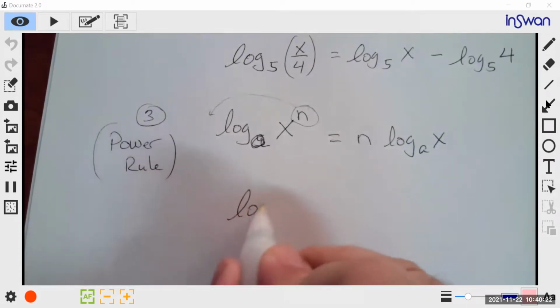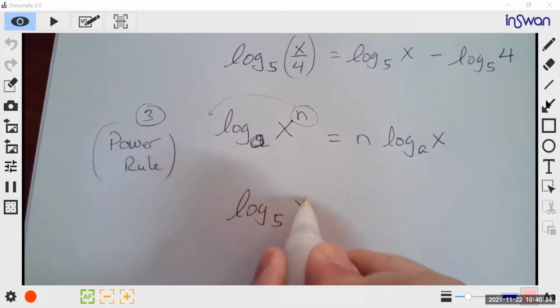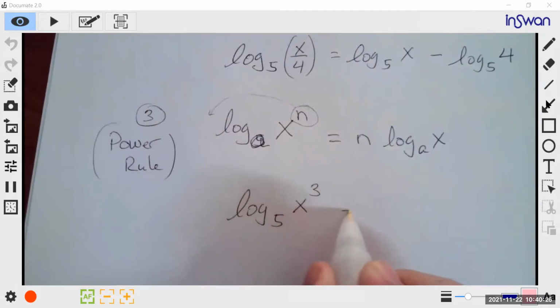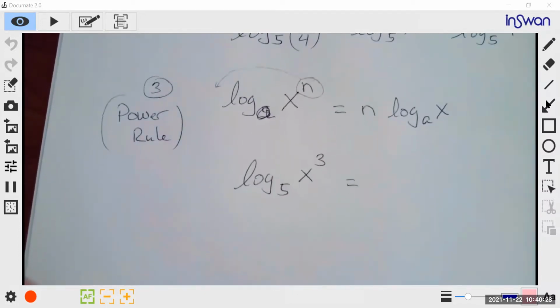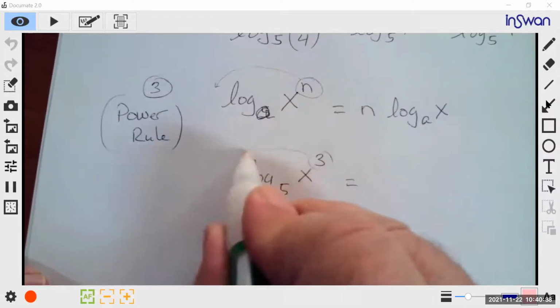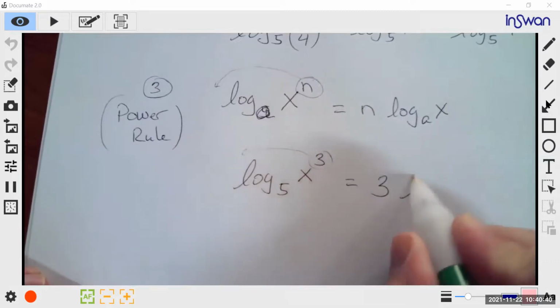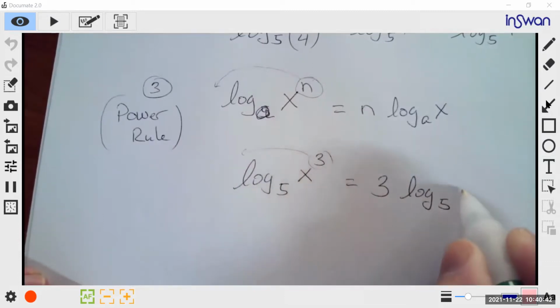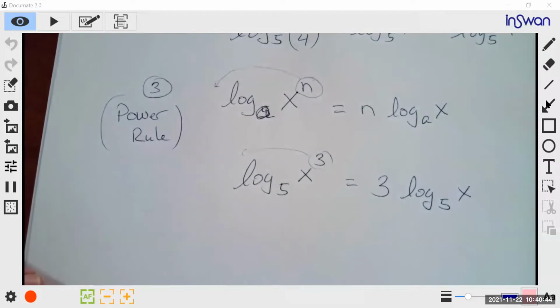For example, log base 5 of x to the third. The exponent goes out in front. So it's 3 log base 5 of x.